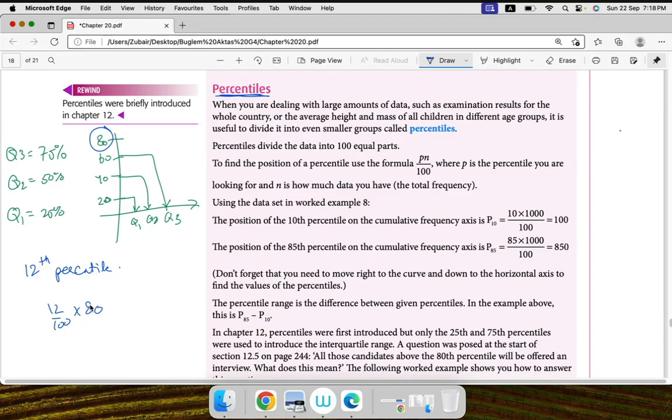That is 9.6. Now I'll go at 9.6 and read the 12th percentile. That's it. Nothing more to it.